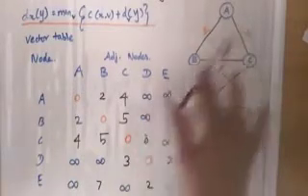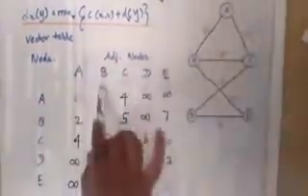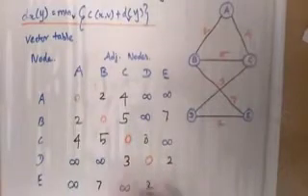So let me take an example with node A. I am going to have 5 adjacent nodes, starting from A, B, C, D, E. From A to A, I am making the distance 0.